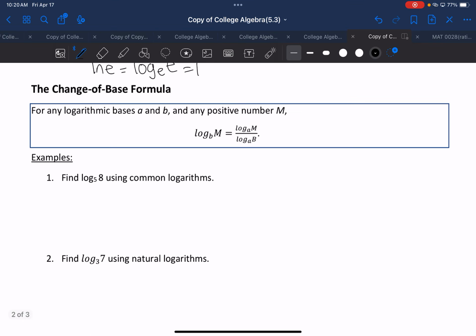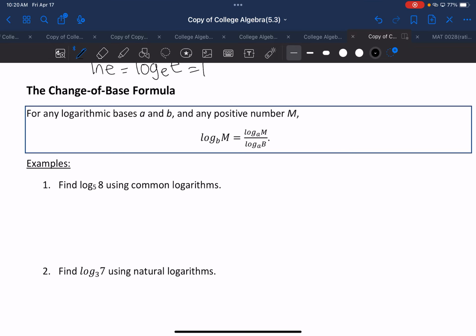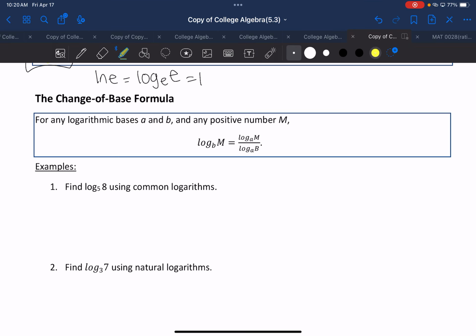Now, this next part is the change of base formula. This is what they used before they put that feature in the calculator. It is a way that you can enter these in your calculator if you don't have that log base feature.